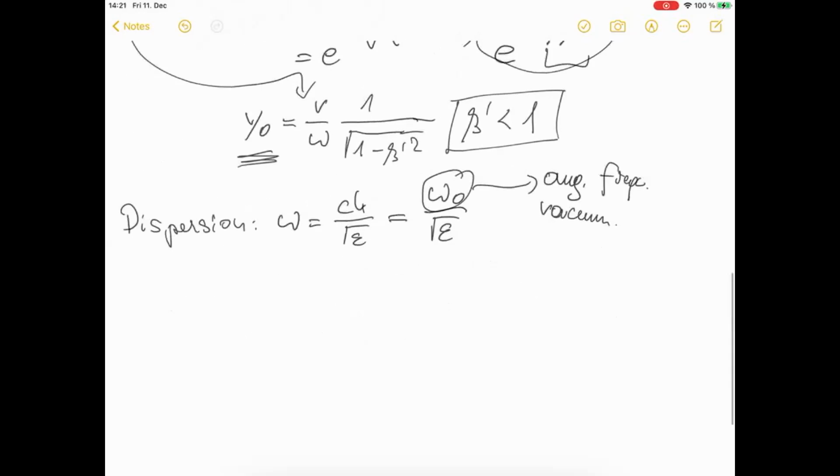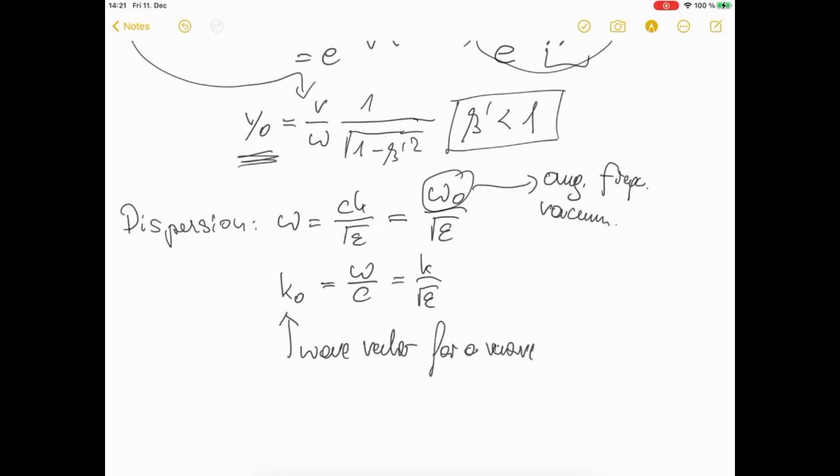Then we define k naught, which we define as omega over c, which is k over square root of epsilon, and that's the wave vector for a wave with frequency omega, if this wave was in the vacuum.